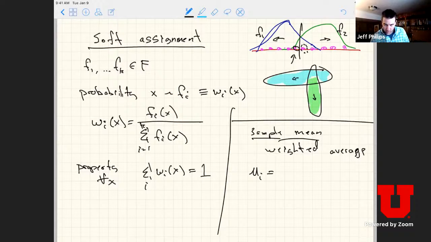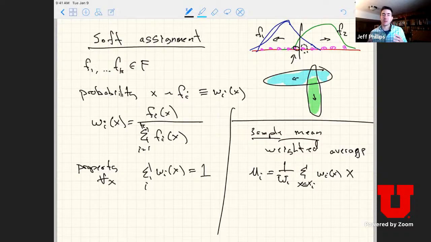I write this as 1 over W_i, uppercase W_i, which I'll define in a second, times the sum over x in the data set of w_i of x times x, right?